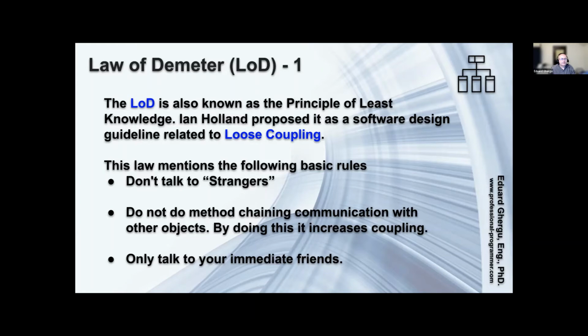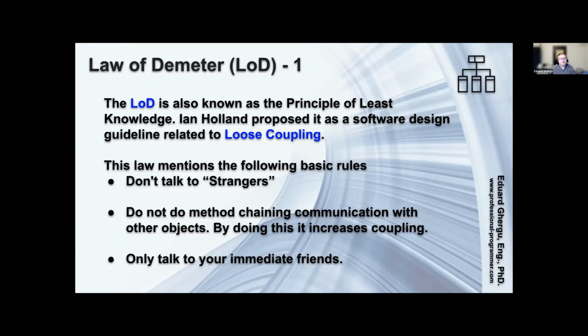So just in general terms, it's don't talk to strangers. So don't try to interact with classes or objects that are not necessarily involved in what you have to do.